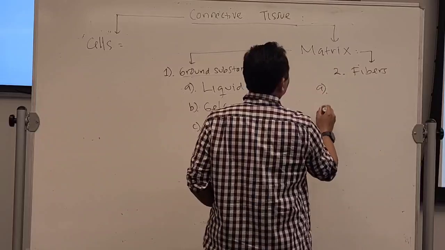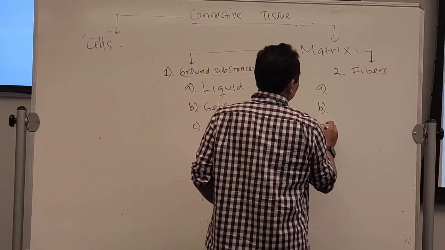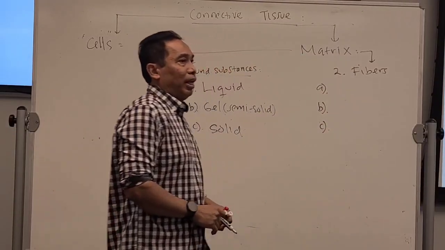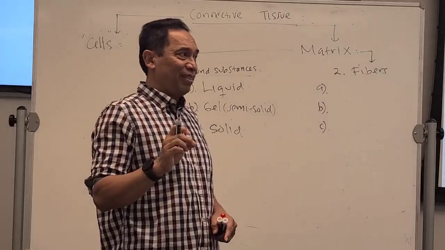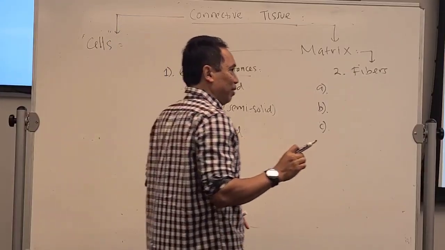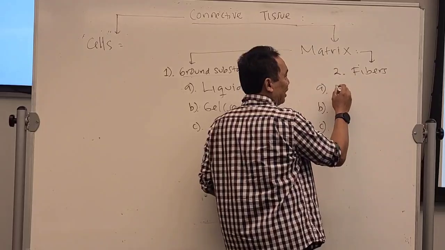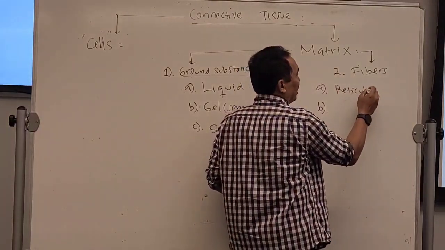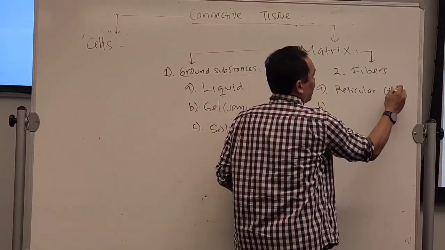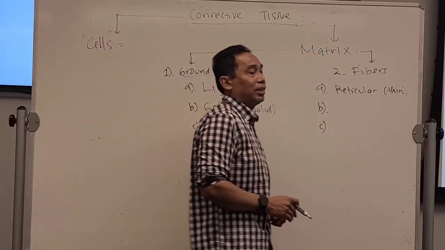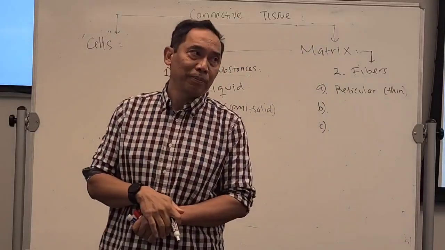Fiber also has three main types. If it is very thin, the thin fiber is called reticular fiber. It is the thinnest type of fiber.